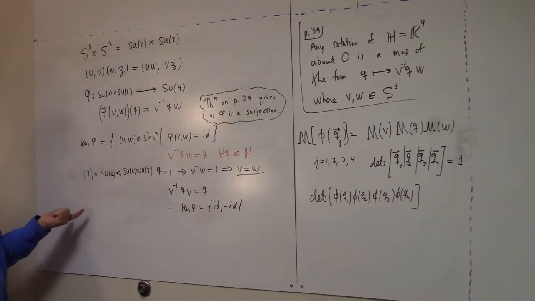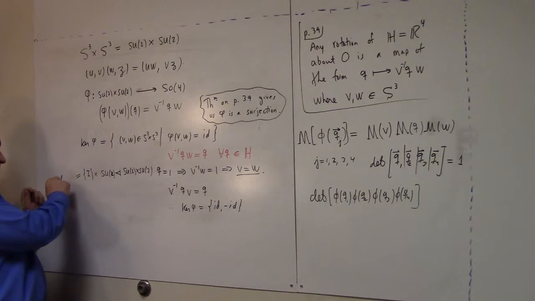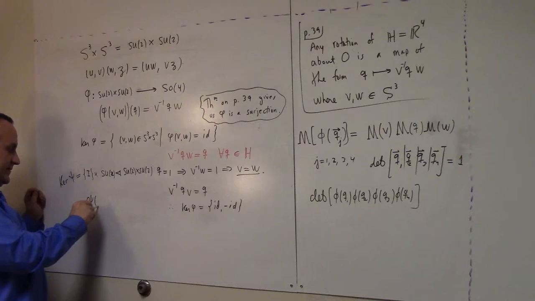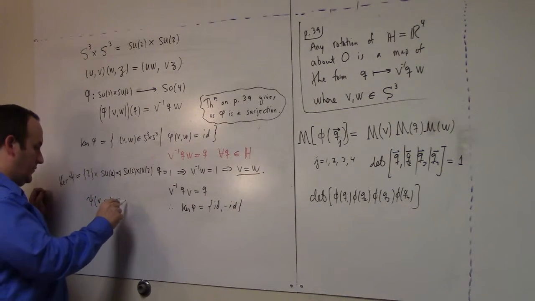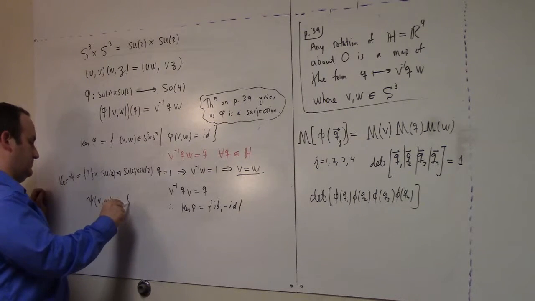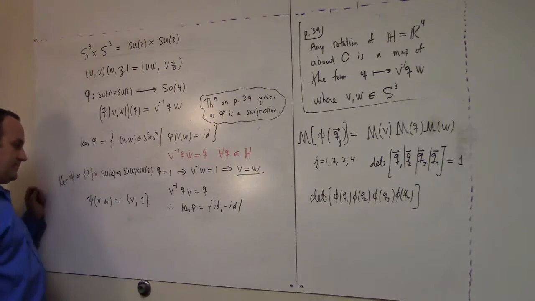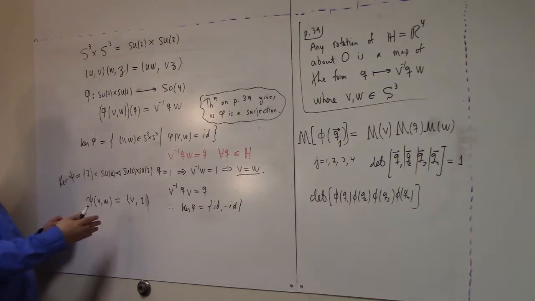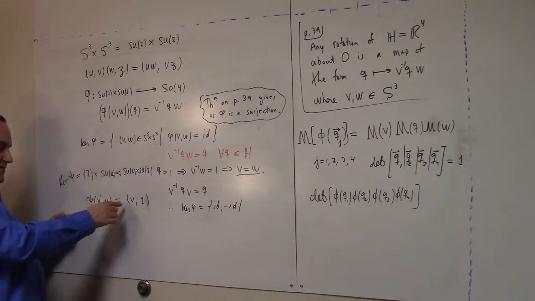And he gives another argument, which is nice, which is that this is also equal to the kernel of, say, psi, where psi of v comma w equals v comma 1 maybe. Because this is a homomorphism, kind of a stupid one, but it is one.